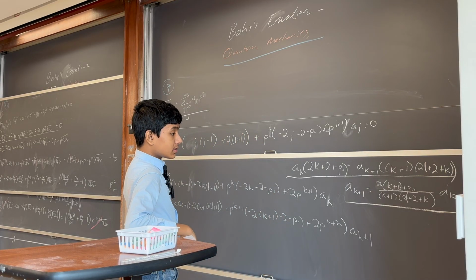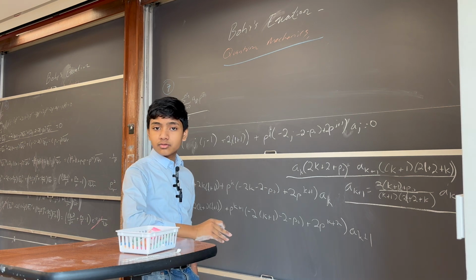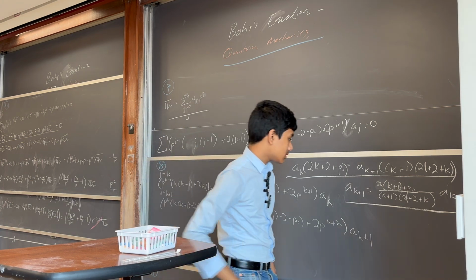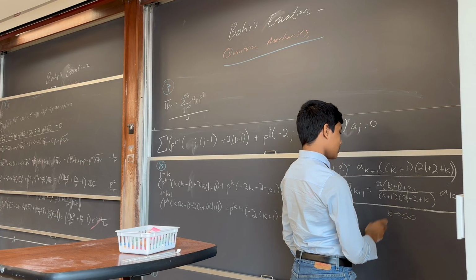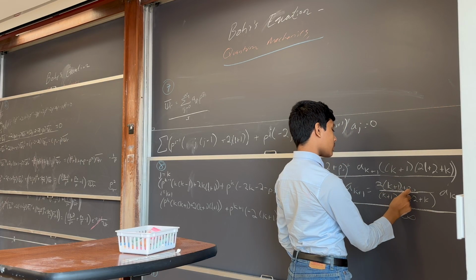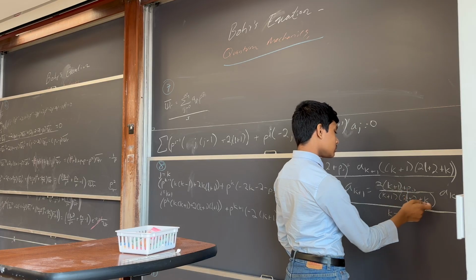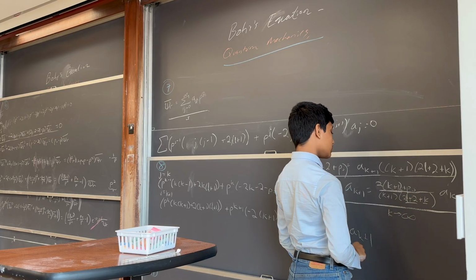But you have to realize something here. As k approaches infinity, k plus 1 is going to be much greater than rho naught. And k is also going to be much greater than 2l plus 2.